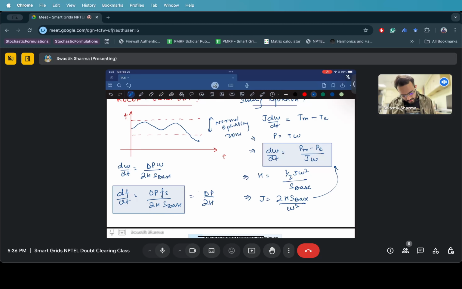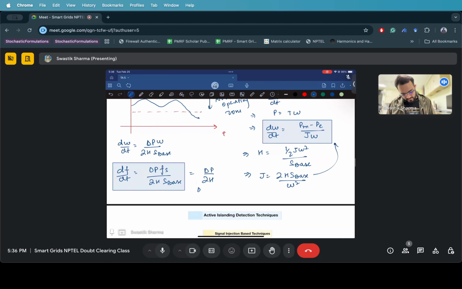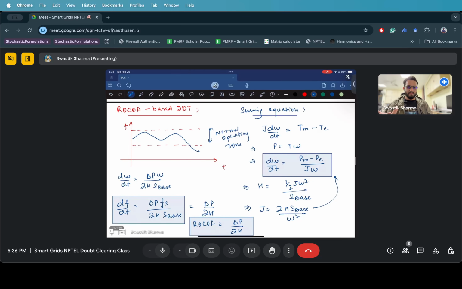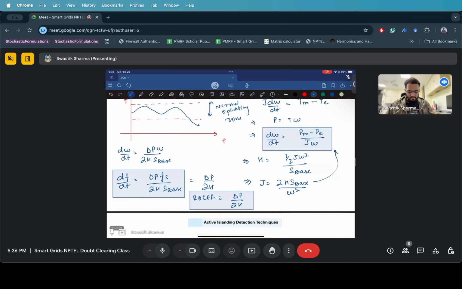So you see that the rate of change of frequency with respect to time, which is ROCOF, is nothing but del P upon 2H. So as soon as your power mismatch happens, there will be some change of frequency associated with it, which will cause the frequency to change with respect to time. And the governing equation is given by this.